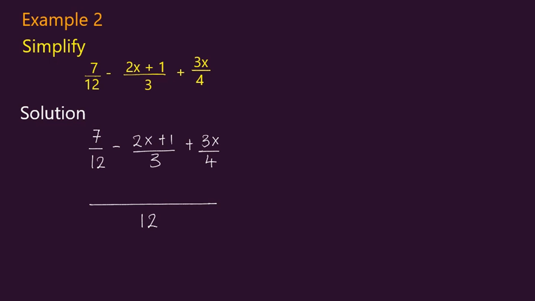Next we divide 12 into 12, we get 1, and 1 multiplied by 7 still gives 7. Next we divide 3 into 12, we get 4, and 4 multiplied by the numerator, with a minus there, will be minus 4 of (2x plus 1).